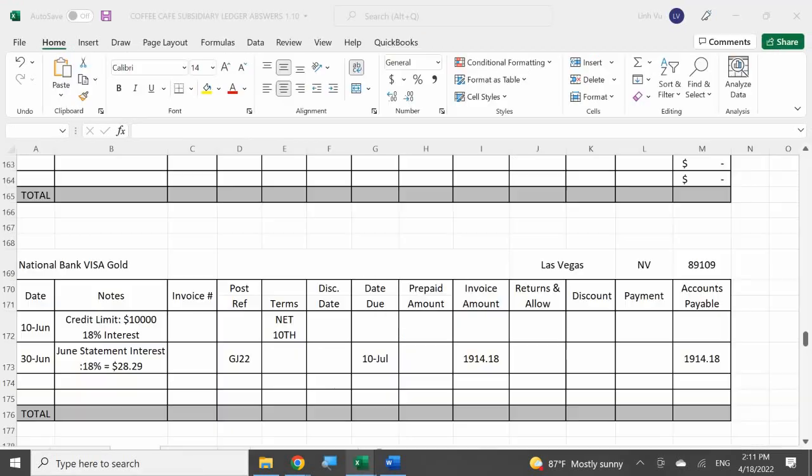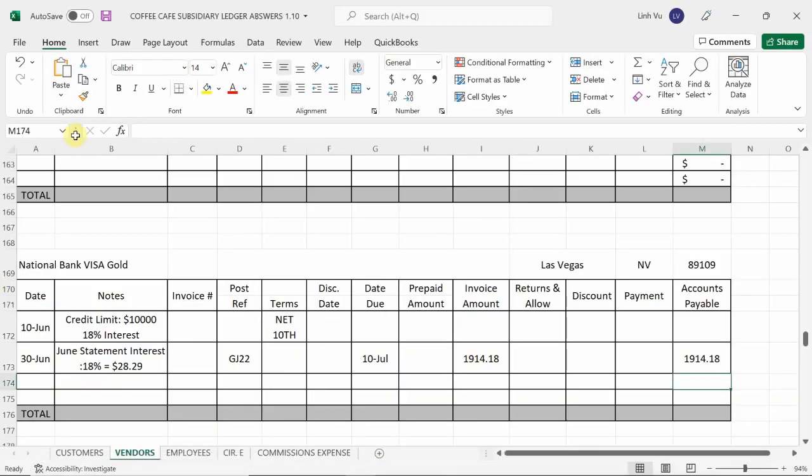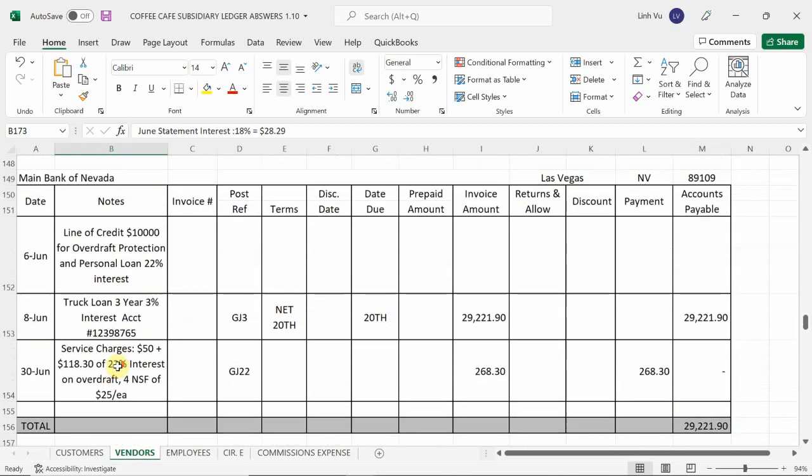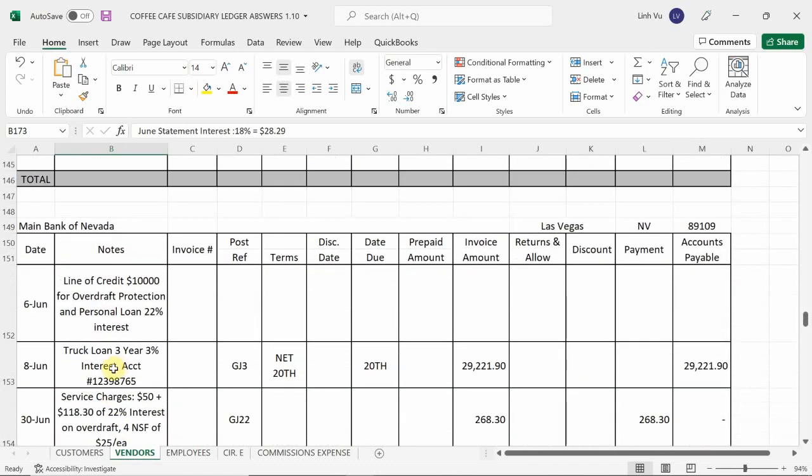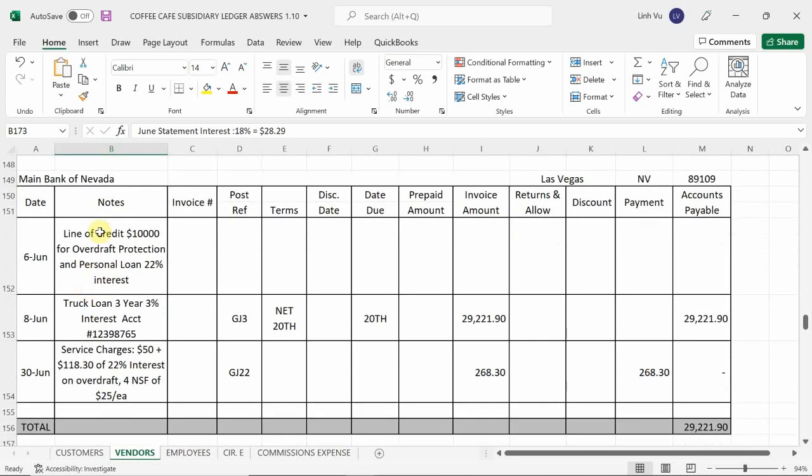So of course, we're going to go to our subsidiary ledger because we need to update our main bank for the truck loan. As you can see here, we have the main bank for the overdraft protection, and then we have right here the truck loan.